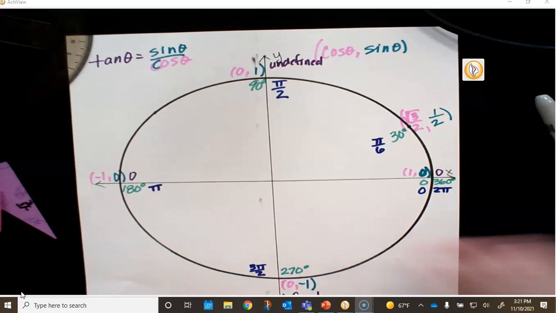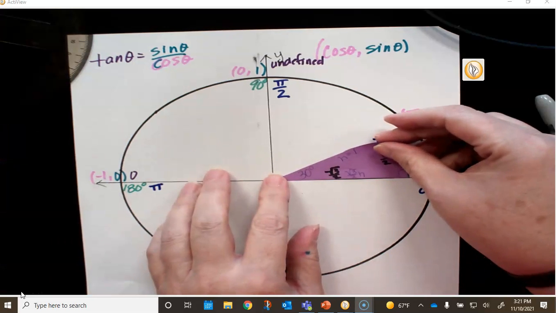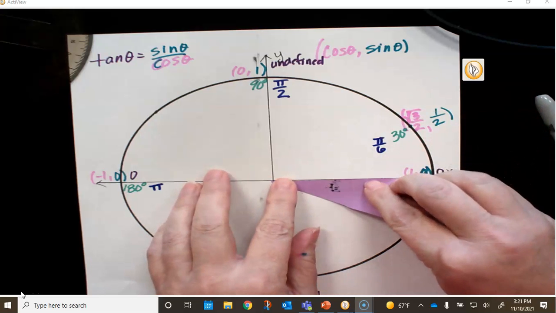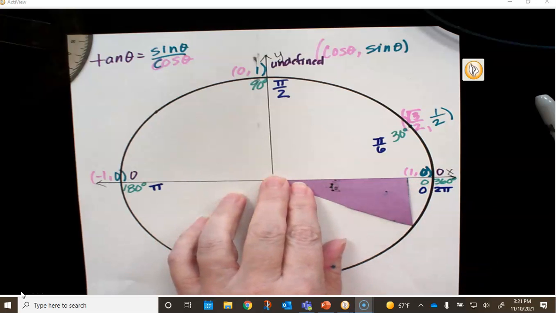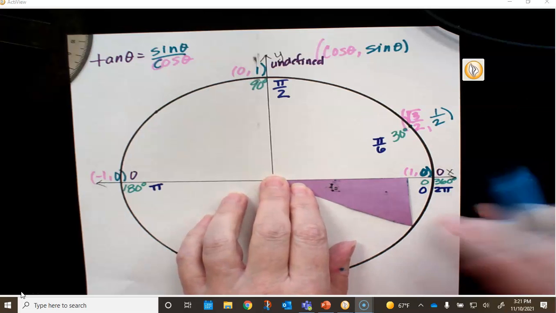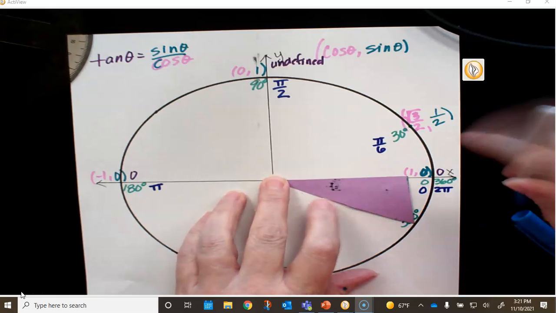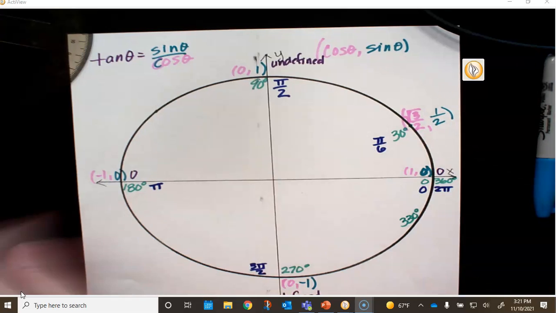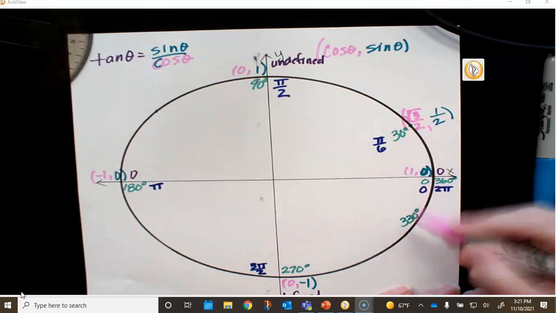Well, if I reflect my triangle over the x-axis, now since I went that way, this is 30 degrees short of being 360 degrees. So 30 degrees short of 360 degrees is 330 degrees. Okay, so I know that. Now, if I'm looking for my ordered pairs, when I reflected over the x-axis, my x-coordinates stayed the same.